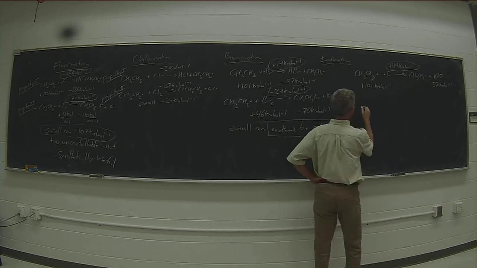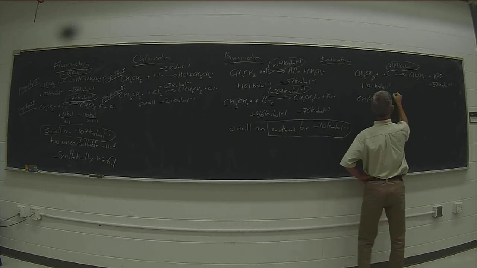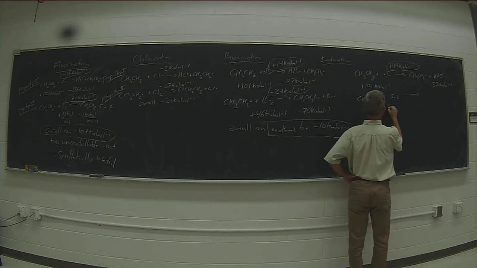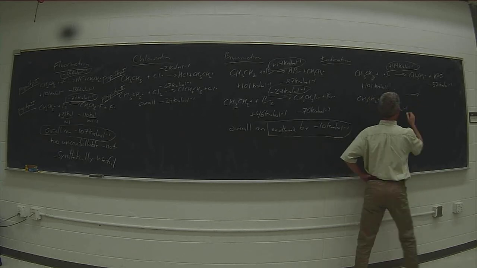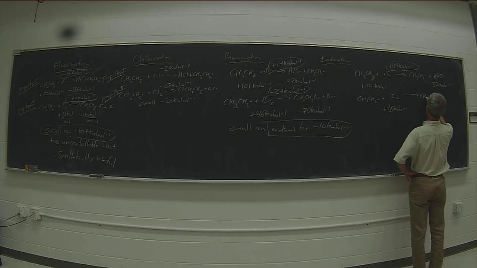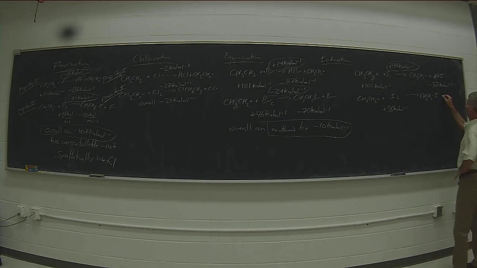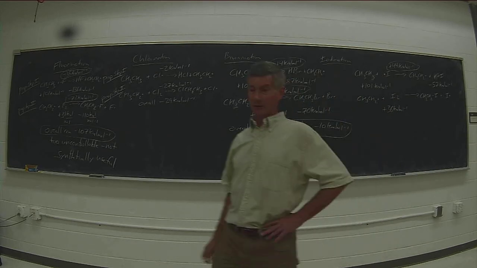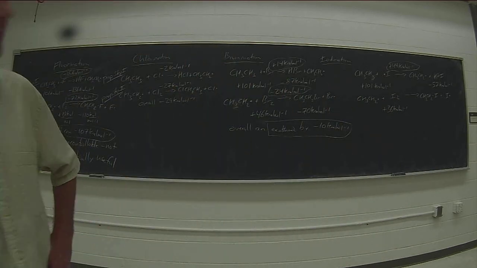And in the next step, the ethyl radical reacts with I2. That costs us only 36 kilocalories per mole. And we get back, when we form the carbon-iodine bond, approximately 56 kilocalories per mole.